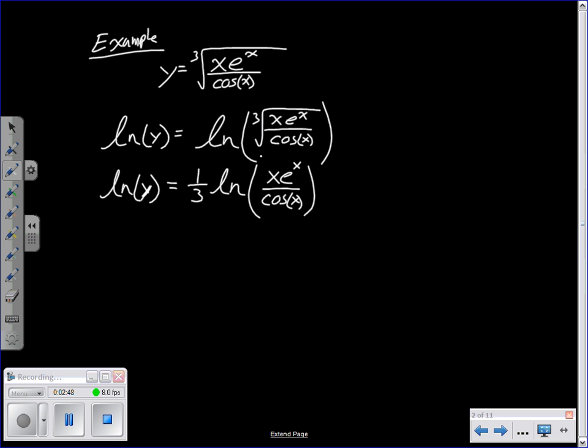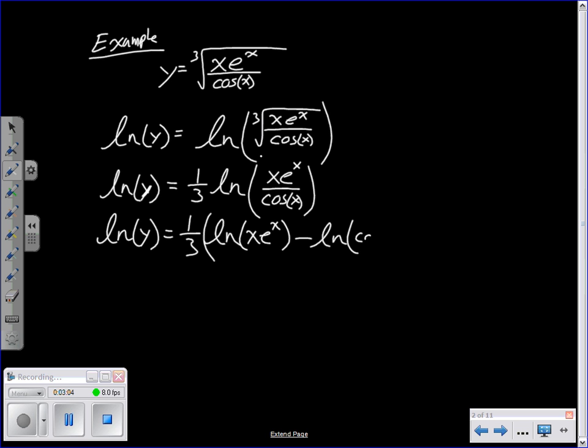Okay, inside now I have a quotient of two functions. So essentially what I have is natural log y equals 1/3 natural log of x e to the x minus natural log of cosine x. So all I'm doing is breaking apart my quotient here as a subtraction of two separate logarithms.